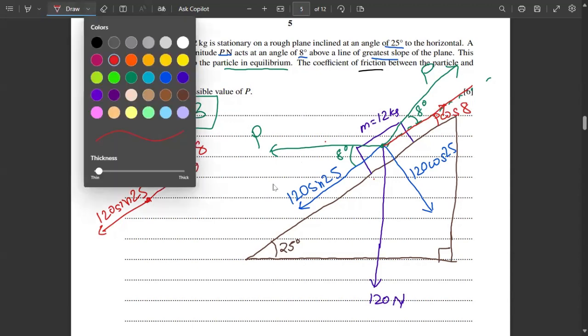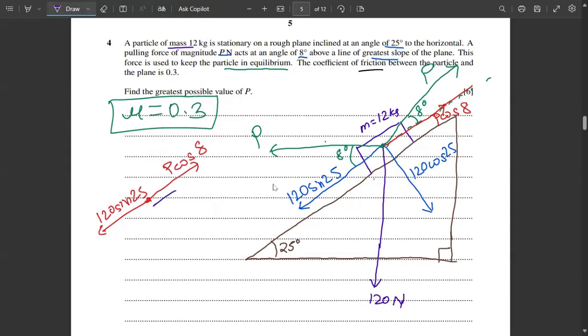So now F resultant can act both ways. If P cos 8 is greater than 120 sine 25, then it will act downwards. Why? Because if this is greater, that means the particle will start moving upwards, and in order to resist it, resistance force will act moving downwards.